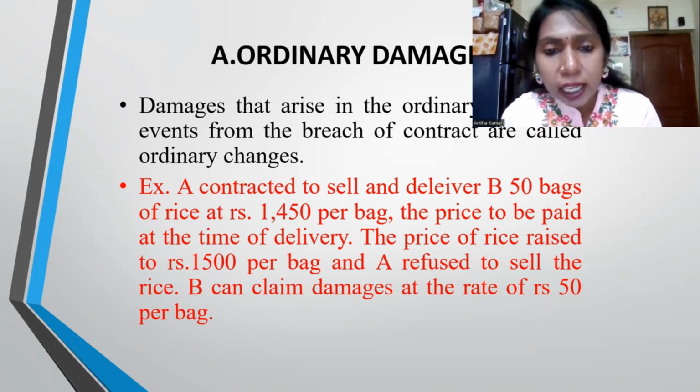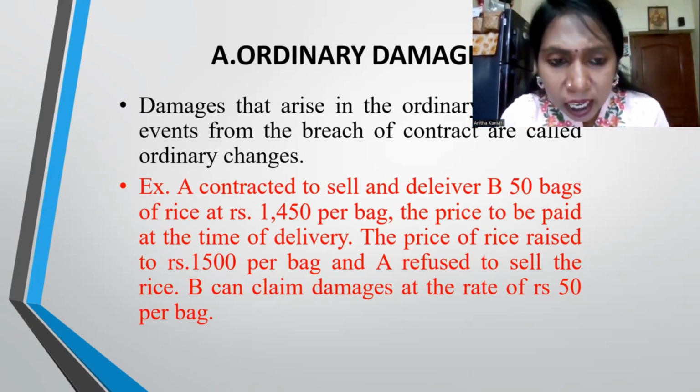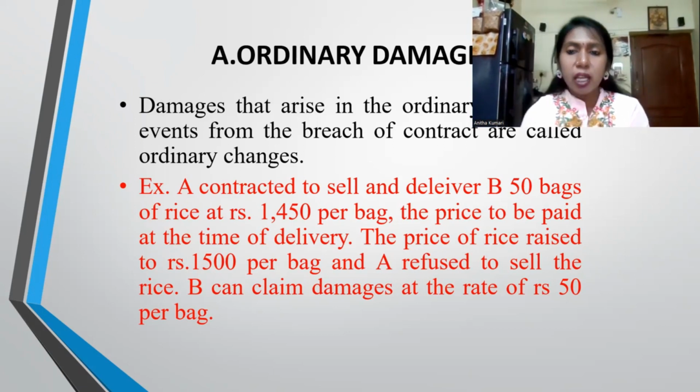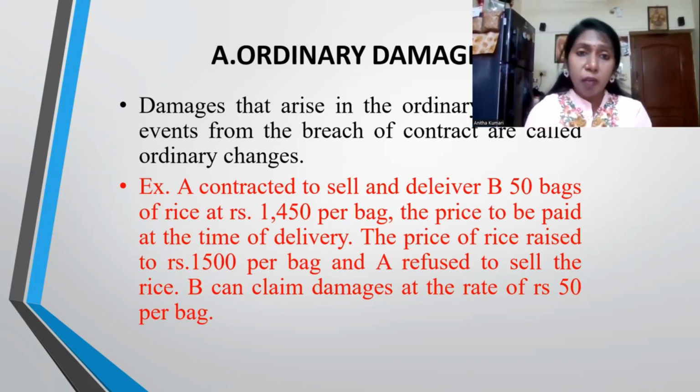Next day he is giving the product, but by that time the cost has increased by 50 rupees. In this case, who can claim the damages? The seller or buyer? The buyer can claim the damages. He need not pay 50 rupees extra.